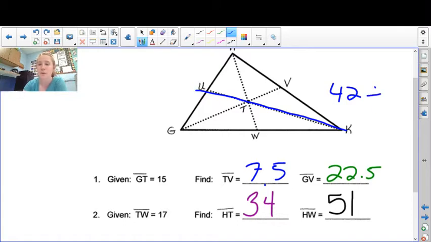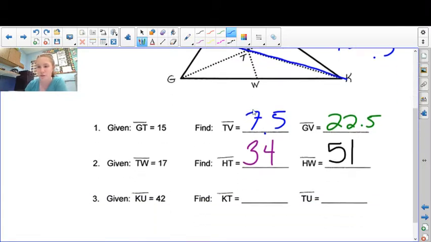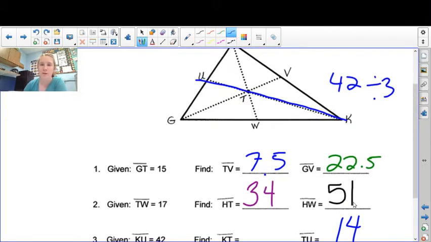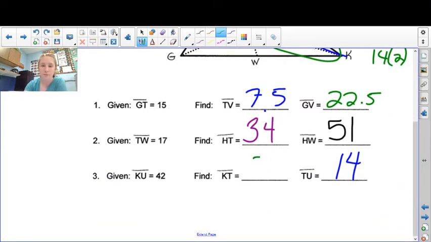So I'm going to take it, divide by 3, and I get 14. So the smaller section of UT will be 14. And then if I take 14 times 2, that'll give me the bigger section, which is 28. And then you should check, does 14 plus 28 equal 42? And it does.